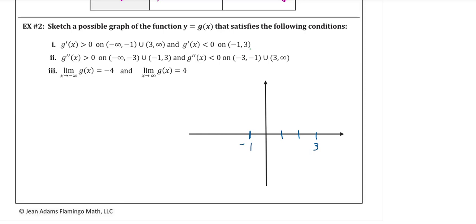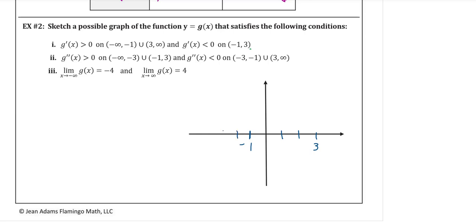But in between those two points, the derivative is going to be negative. That also tells me something about those two points: they're going to be my relative extrema because the derivative will change signs, and the function is going to change from increasing to decreasing.